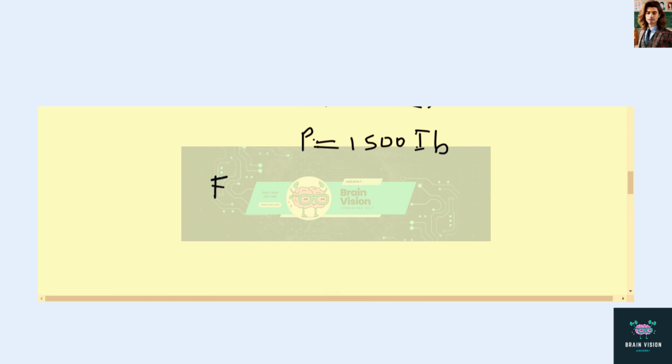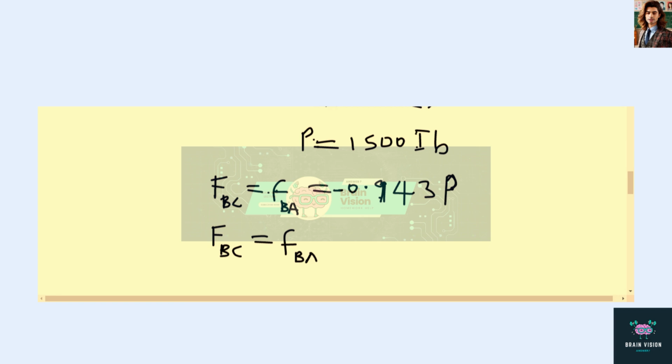FBC, which we know is also equal to FBA, is equal to minus 0.9433 P. If we put P as 1,500 here, we are going to arrive at 1,414.5 lb.